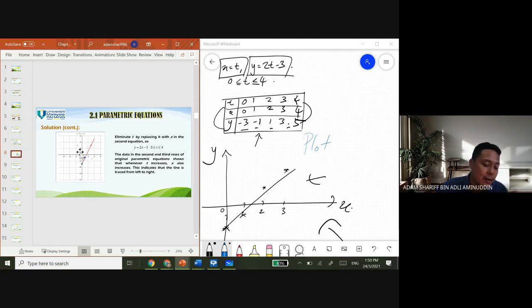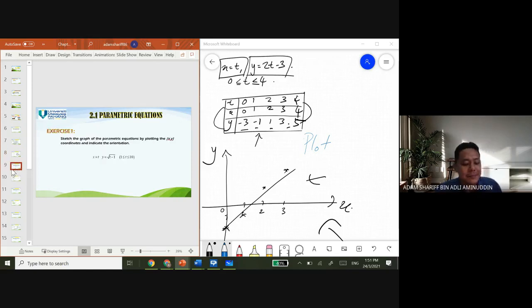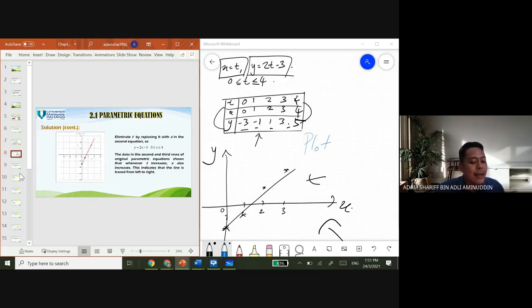So orang yang buat nota ni pun dia guna software yang cantik, dia lukis. Lukis software boleh lah, cuba lukis tangan. So you all guys, sebab of course you cannot represent the software in your answer, please draw it nicely. Kita tak susah lagi kat sini sebab nanti korang tengok apa beza dia kan, tak ada beza pun, baik suruh lukis je y equals to 2x minus 3. Kenapa nak ada t?